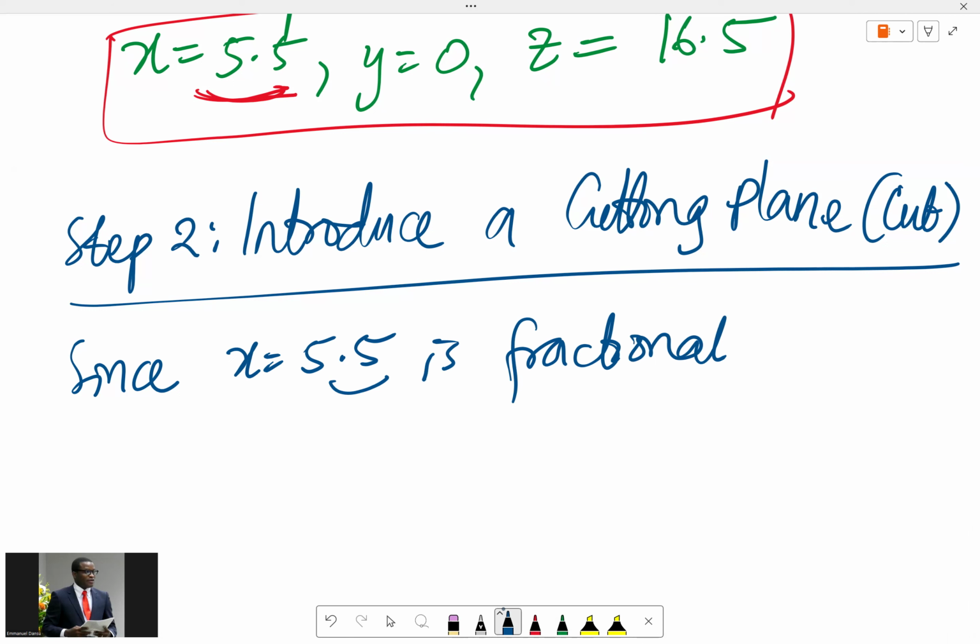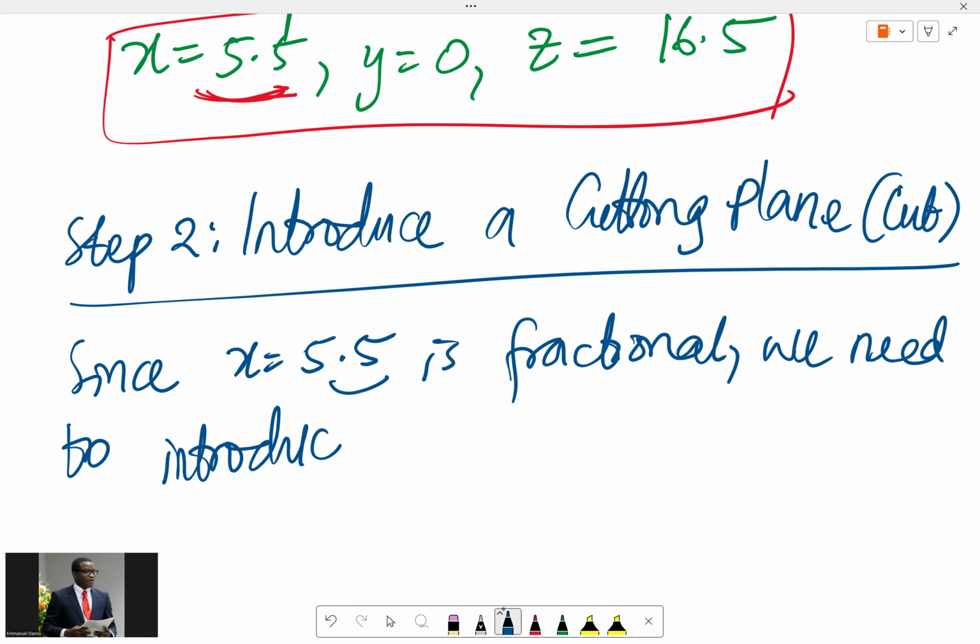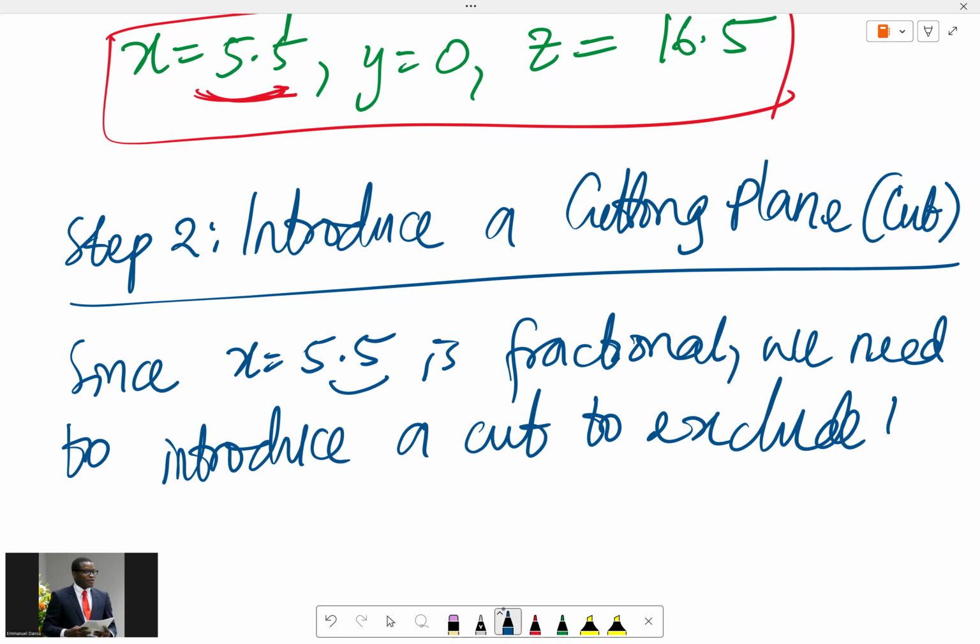So since x equals 5.5 is fractional, we need to introduce a cut to exclude this solution while maintaining the feasible region for integer solutions, because we are interested in just integer solutions.